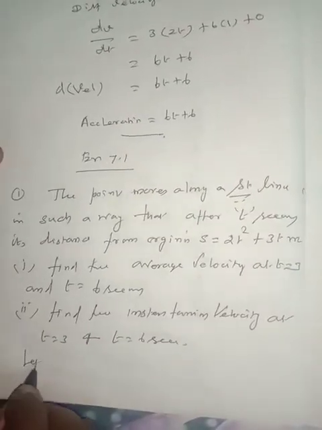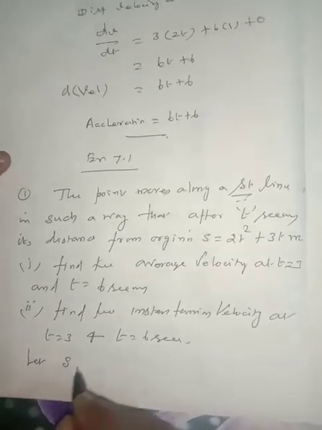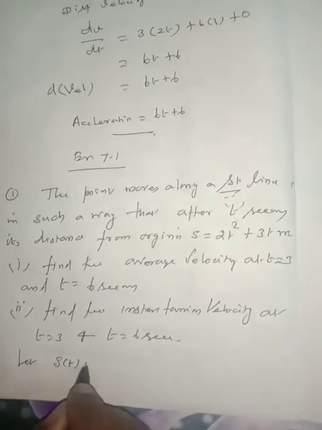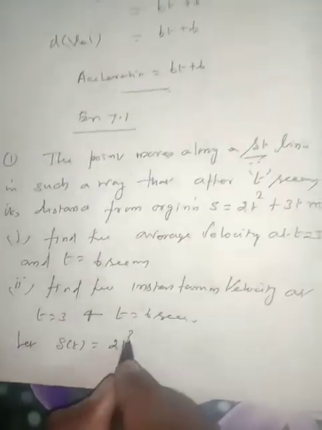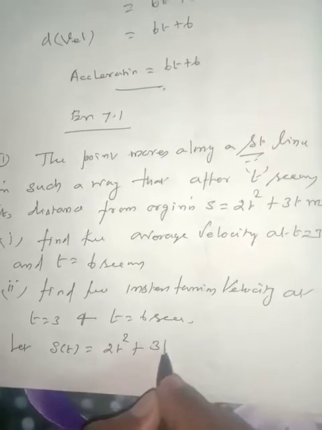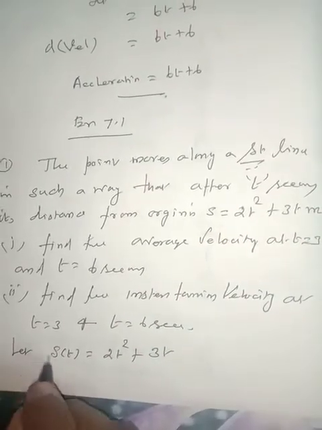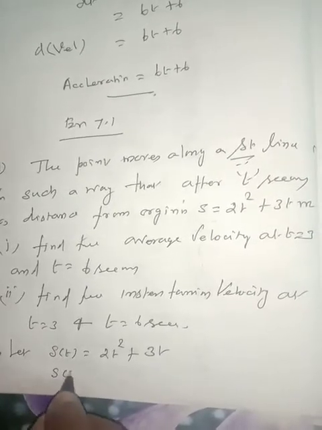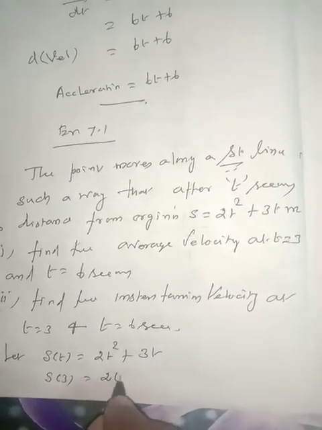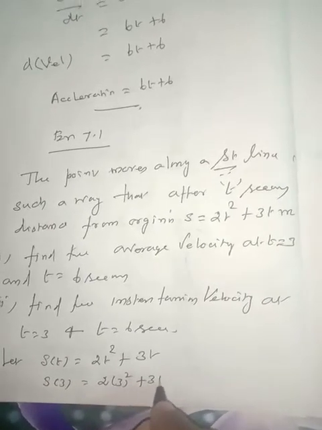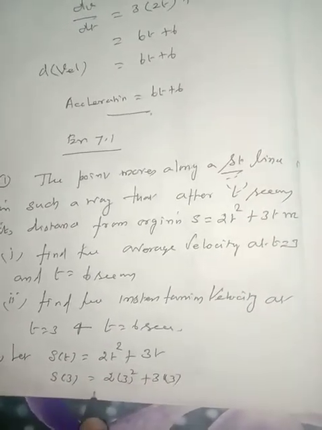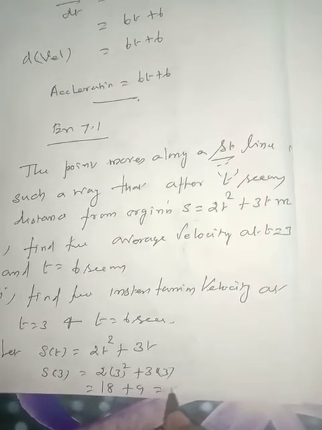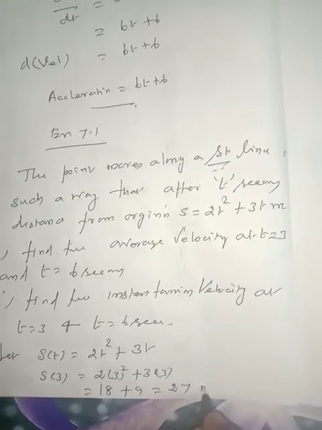Let s is equal to s of t is equal to 2t square plus 3t. Put t is equal to 3. S of 3 is equal to 2 into 3 square plus 3 into 3 is equal to 2 into 9, 18, plus 9 is equal to 27 meters.